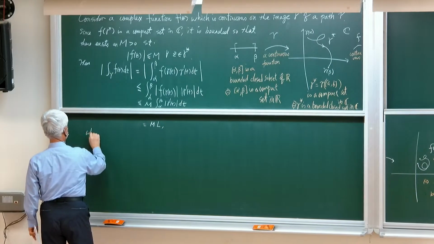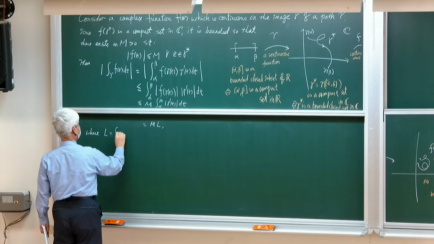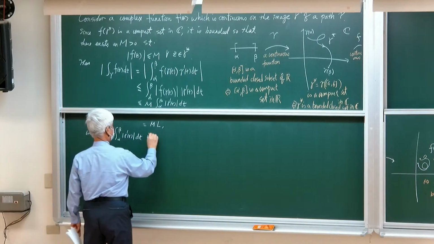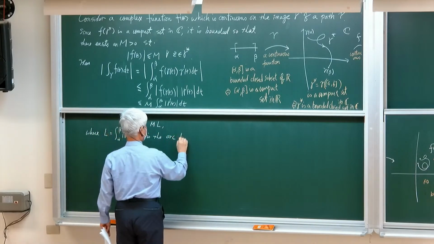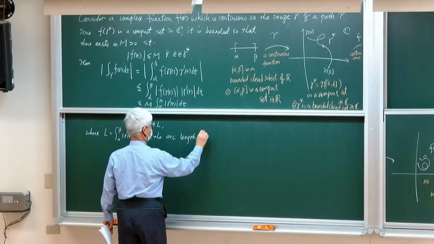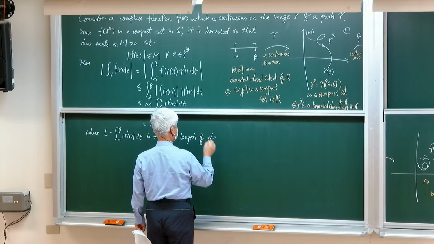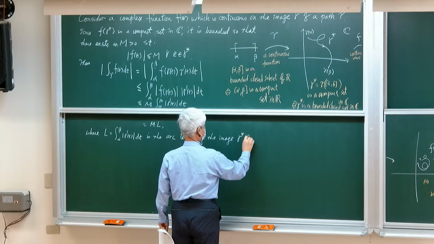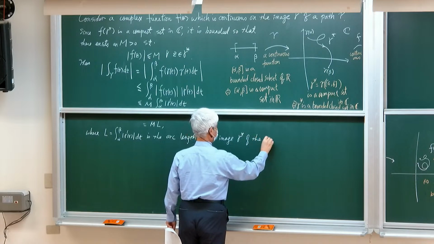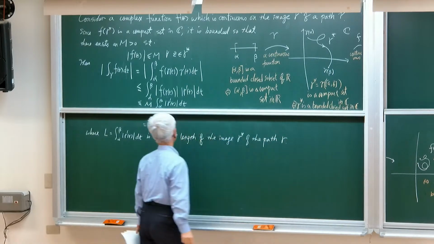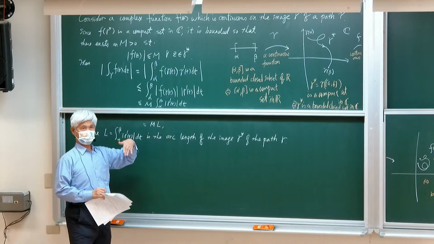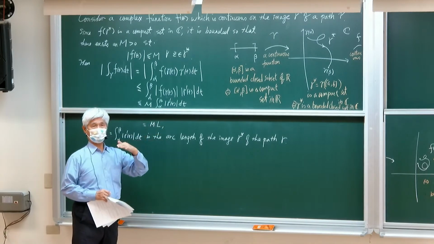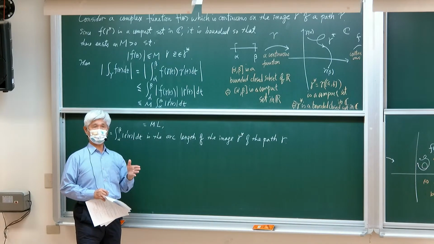And this is M times L, where L is the arc length of the image gamma star of the path gamma. This is just the arc length, because gamma prime can be thought of as the velocity.